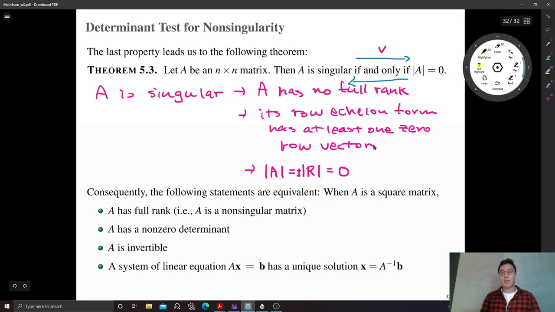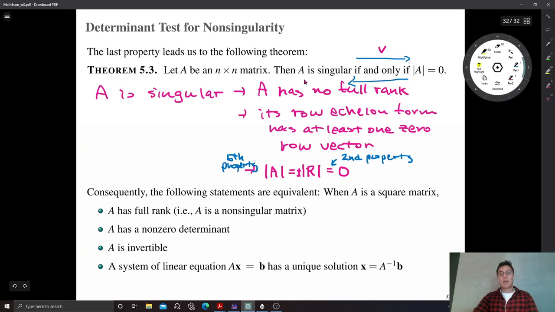Here we use the fifth property, and this comes from the second property. So singularity implies zero determinant. Okay, so this direction is done.